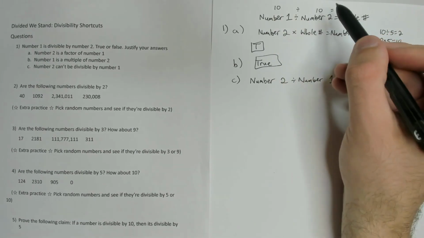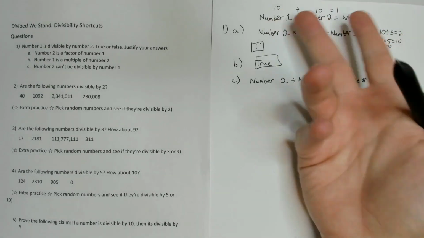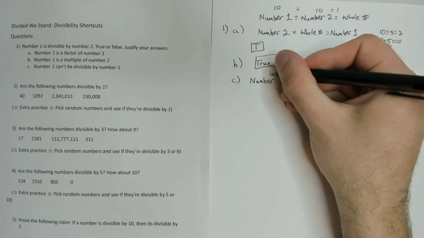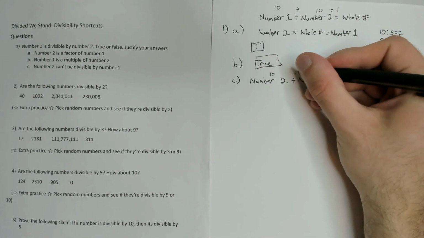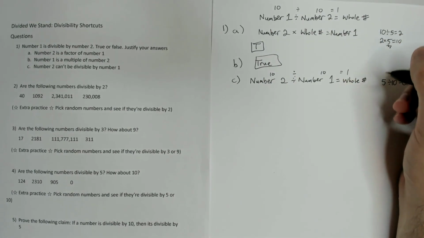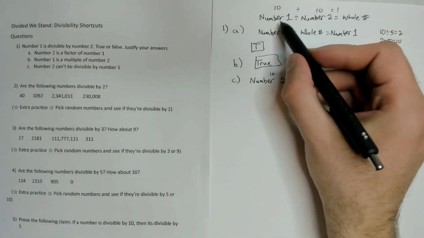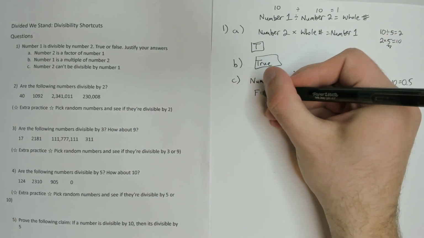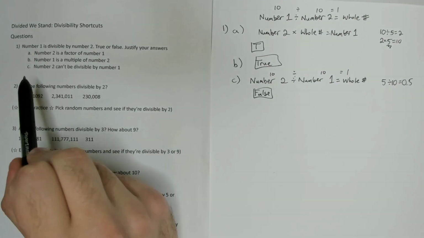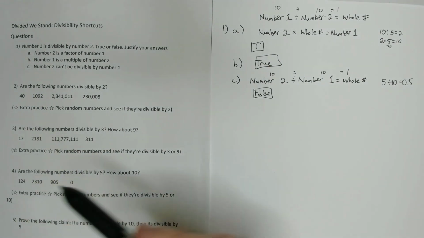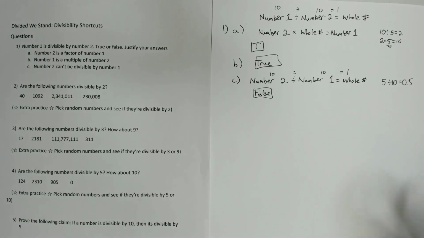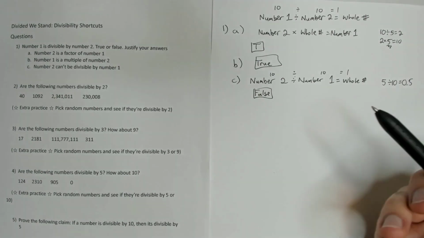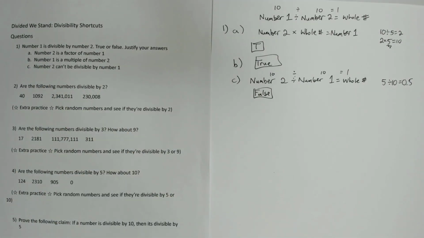So number 1 is 10, it's divisible by number 2, which is 10. But if we flip those, when we divide those, we still get 1, right? So it is a very special case where number 1 equals number 2, where they're both the same number. But that is a situation where number 2 can be divisible by number 1. So that means part C has to be false, because it's making a claim for number 2 and number 1 in general. It doesn't refer to any specific number. We can't rule out the possibility that number 1 and number 2 are actually equal.